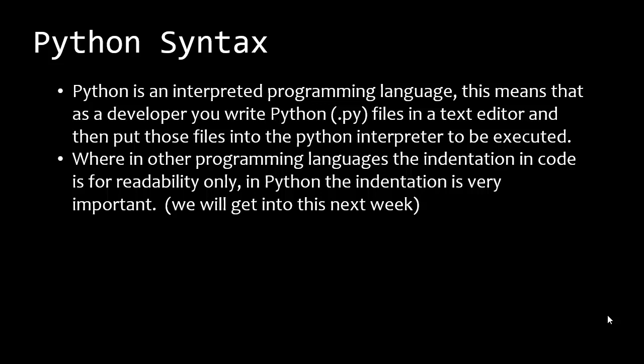That will come when we get into the conditional statements, if then else type stuff, and loops. Instead of using curly brackets and so on, you actually indent what you want to loop or what you want to have as part of the true or false of a condition. Does that make sense? So we'll see that next week. But for the most part, the syntax is pretty simple. You're going to be blown away on how simplistic this language actually is.